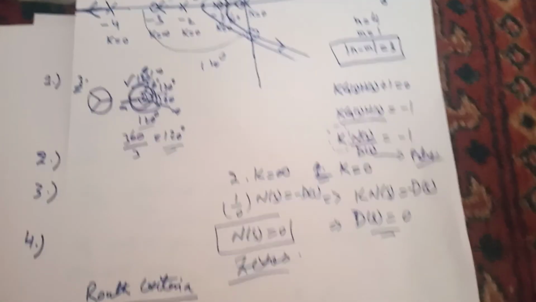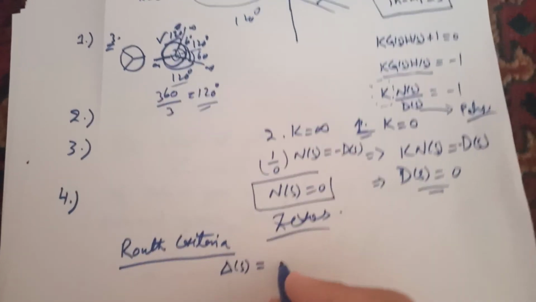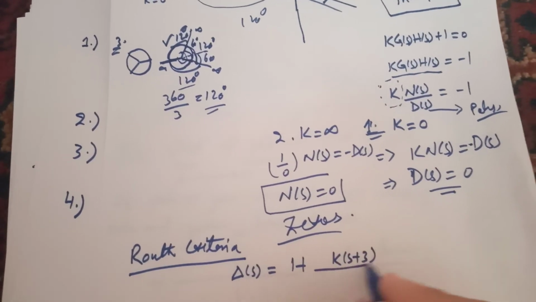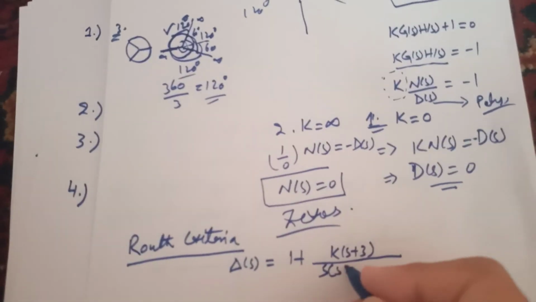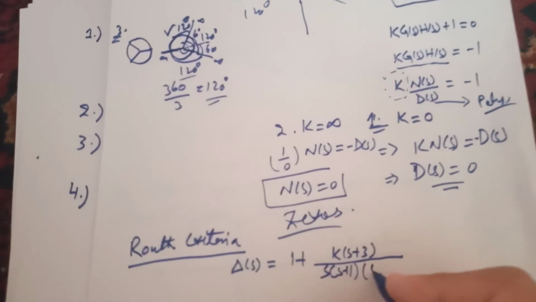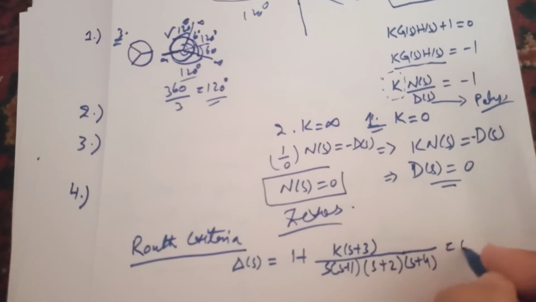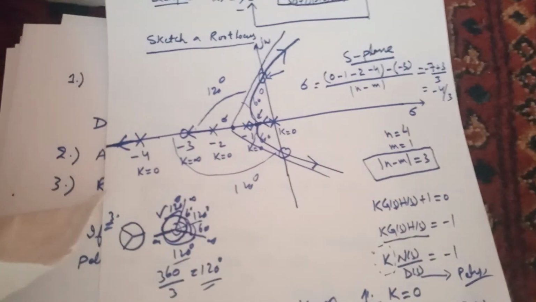If you remember, for the Routh criteria we need the characteristic equation, which is 1 plus k times (s plus 3) divided by s times (s plus 1), (s plus 2) and (s plus 4), equal to 0. This is the characteristic equation. From here we will use this characteristic equation and apply the Routh criteria to find the j omega axis crossing.